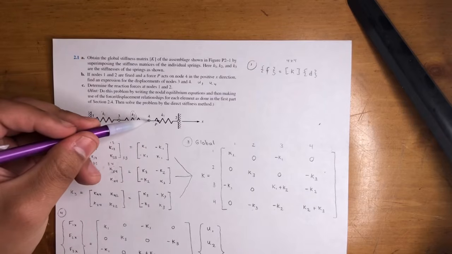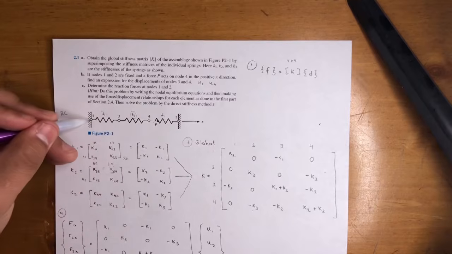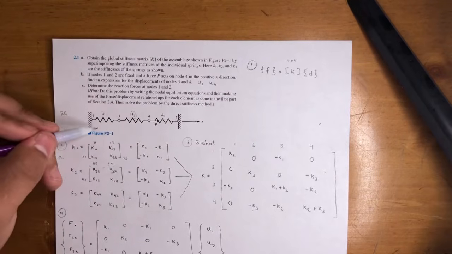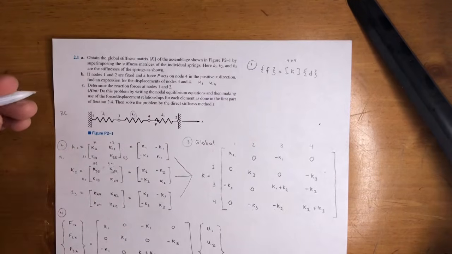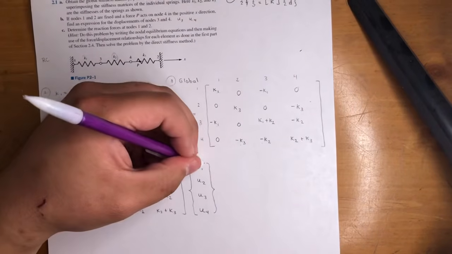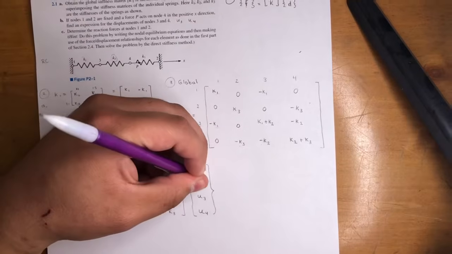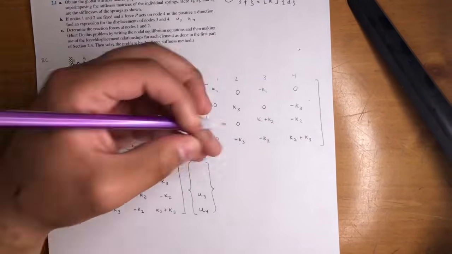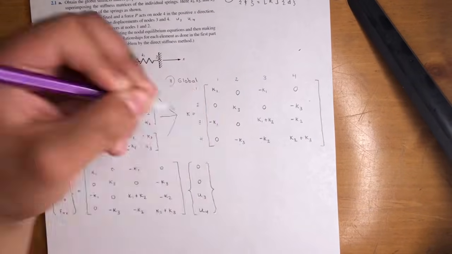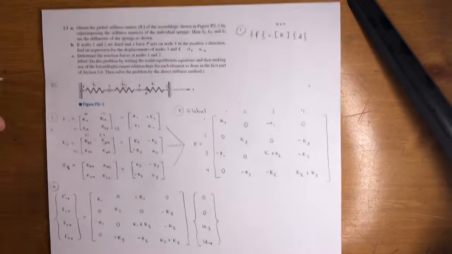And you're pulling from the middle of the string or close to the center. This is fixed and this is fixed. Points 1 and 2 are fixed. So no matter how much force you put, this will never move. So U1 is equal to 0 and U2 is equal to 0. So just like that, we knocked those two out. That's what I meant by erasing.